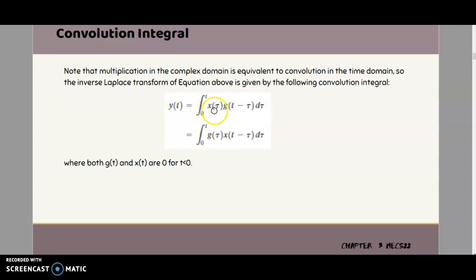If x(tau) and g(tau) equal 0 for time less than 0, then y equals 0, because t is less than 0. This we call a convolution. Later we will look at more detail about convolution.